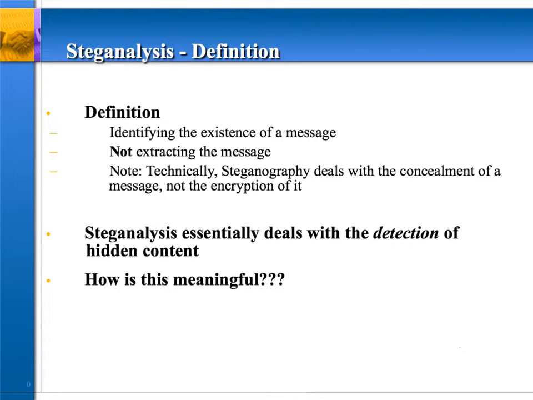So steganalysis essentially deals with detection of hidden content. How this is meaningful is, if you knew it was happening, you could maybe put cameras around the area, or put screen-scraped recordings towards recording the activity of a computer, just to name a couple things you could do to see what's going on.